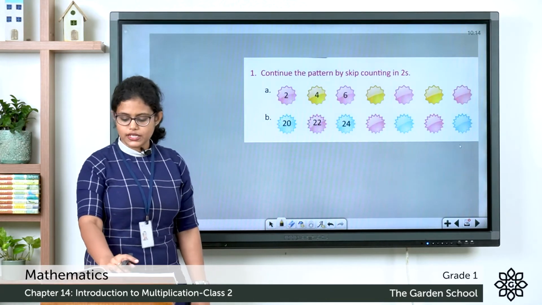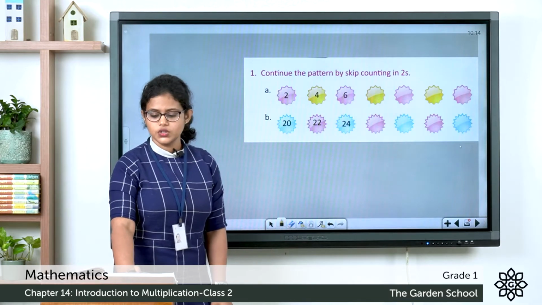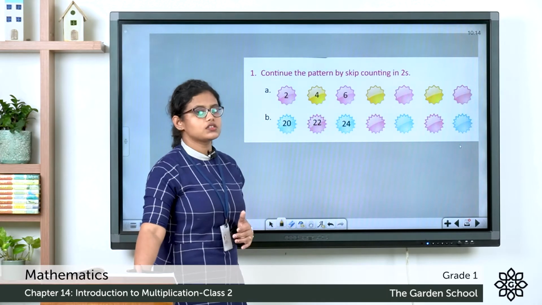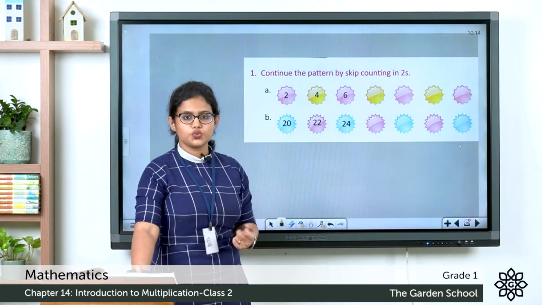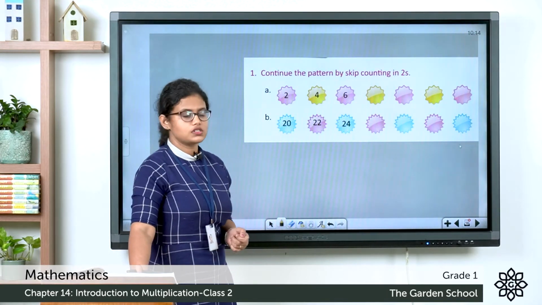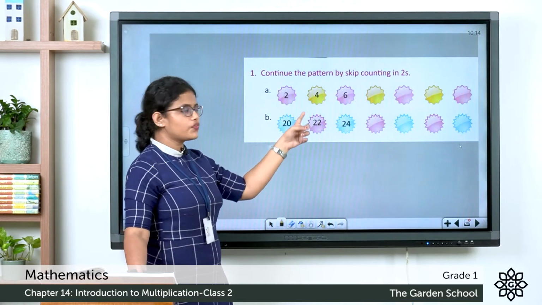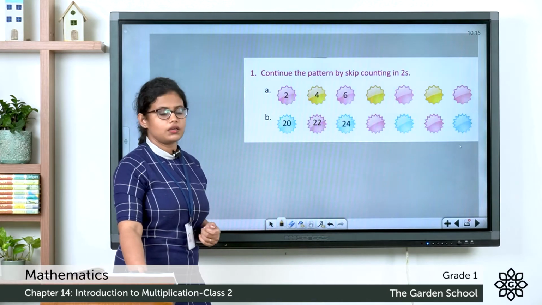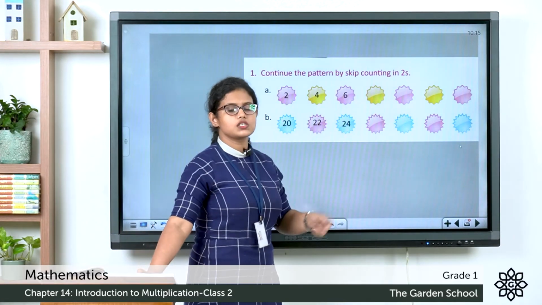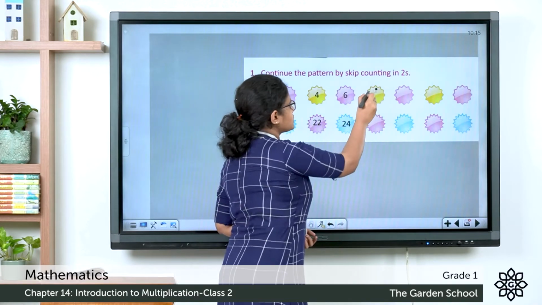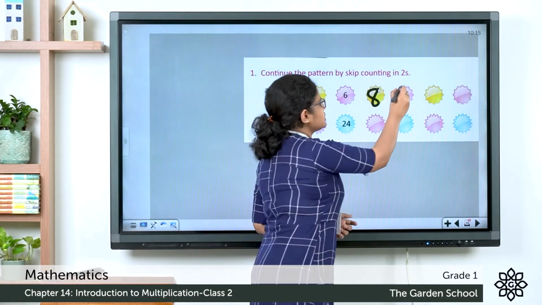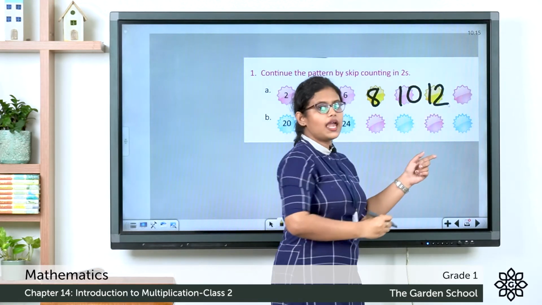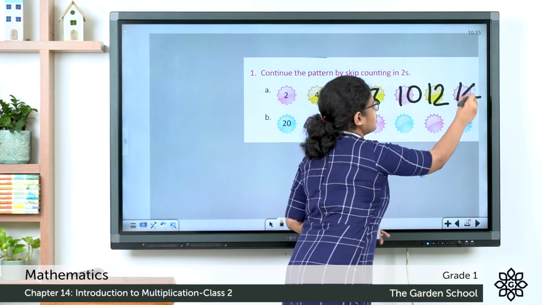Now you can take page number 185. You have the practice coach. The first one: continue the pattern by skip counting in twos. Skipping one number, 2, 4, 6. One number is skipped every time. What comes next? 8, then 10, then 12, then 14.